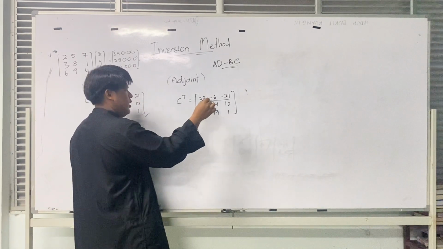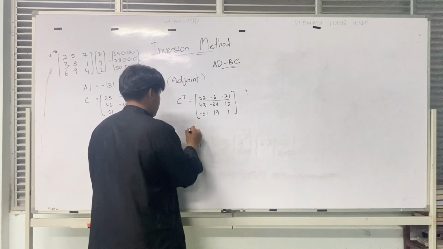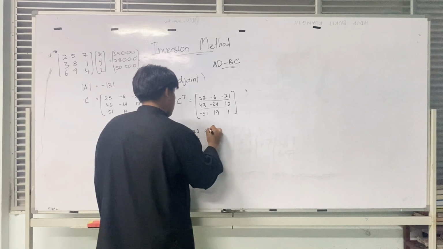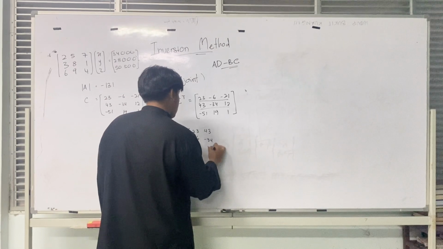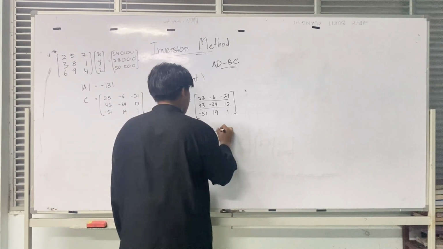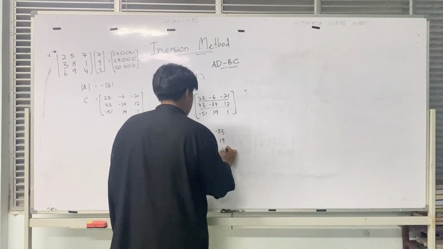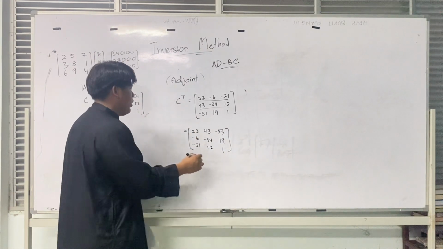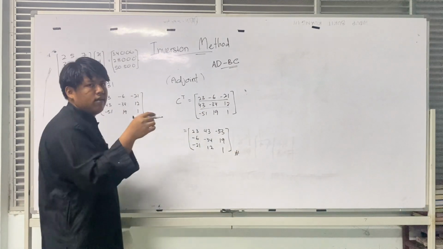So row 1 we change to column 1, and row 2 we change to column 2, and the last one, row 3, we change to column 3. So we get the adjoint in this question.